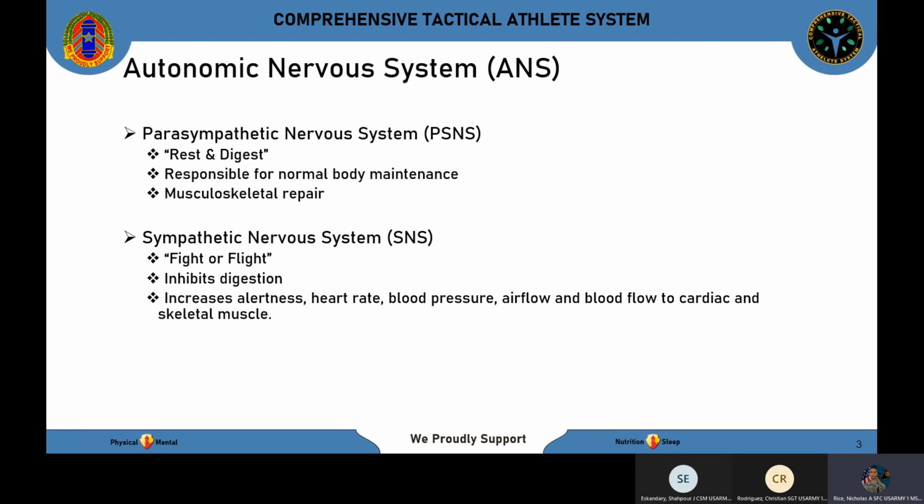It's much better at allowing you to down-regulate the amount of stimulus that's coming in, which is what allows you to sleep, as well as going through all 4 stages of sleep, which I know we haven't had a class specifically on sleep yet. That will be coming, but sleep is one of the most critical things that we can have. It's one of the only things we can't supplement.